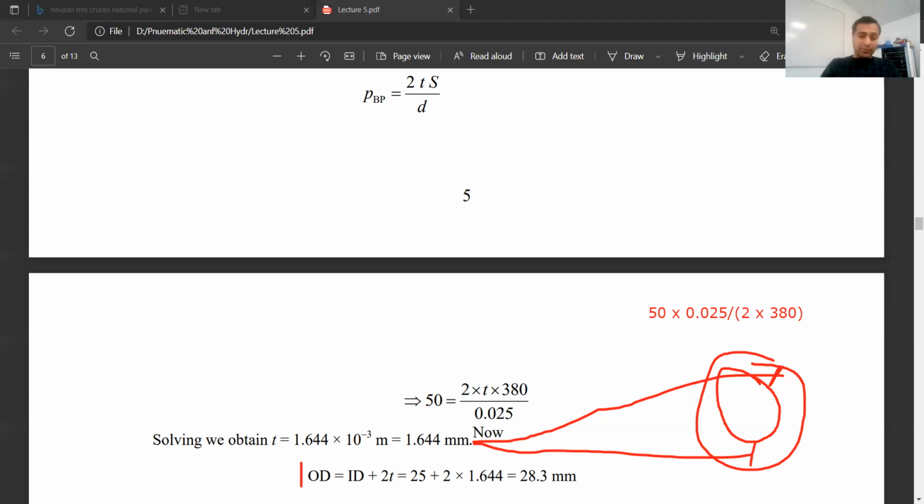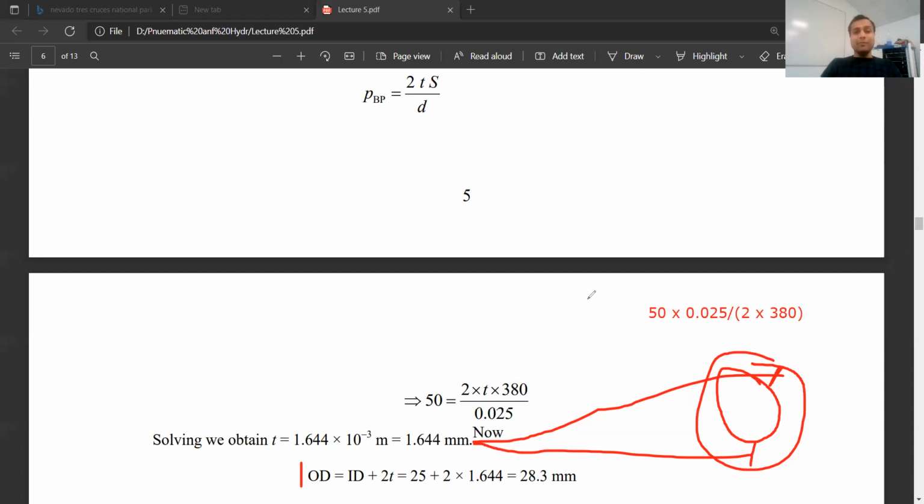Yeah, strangely, I got the same answer, but I made the same mistake. Because the answer is in 10 to the minus 3, you need to convert that into millimeters, 1.6, because you're putting the answer in millimeters.